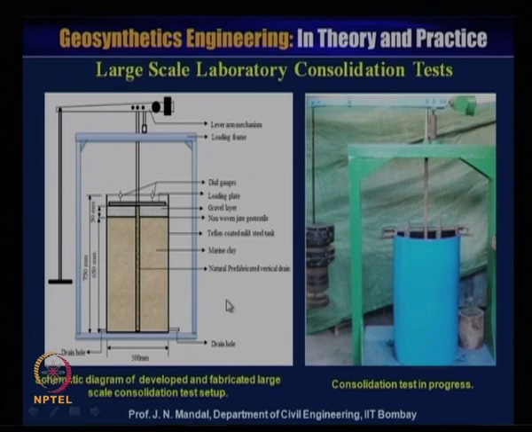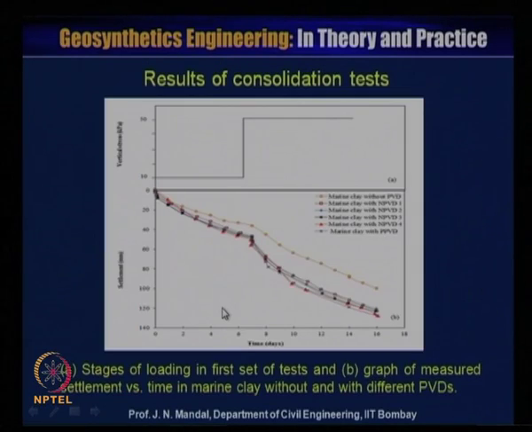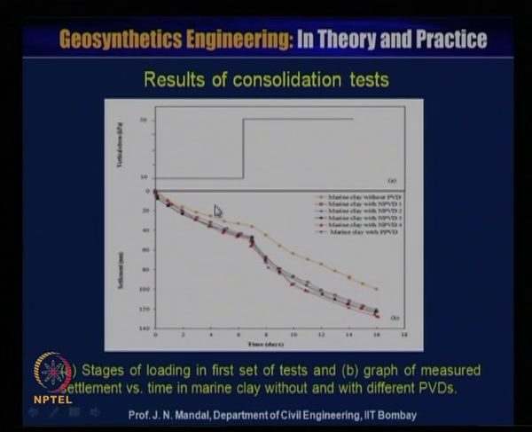So, from this large scale consolidation test, this is the stage loading for the first set of tests, and we will show later the graph of measured settlement versus time, without and with the different prefabricated vertical drains.